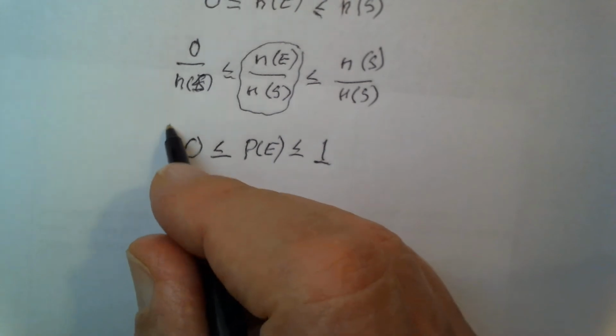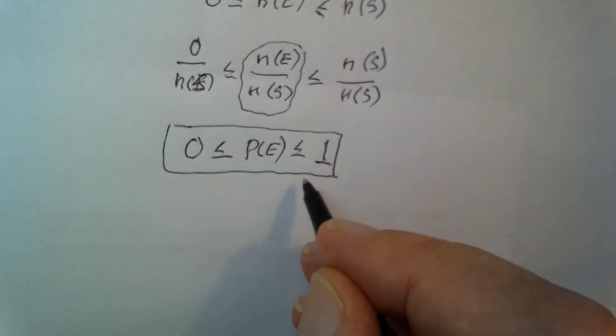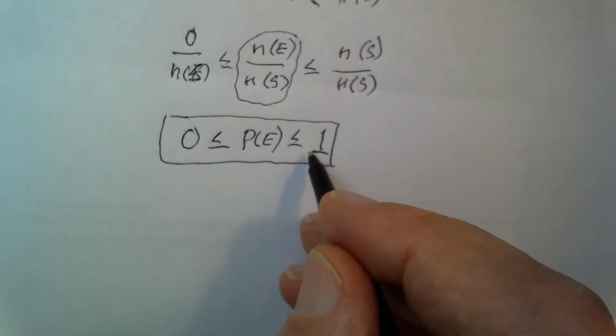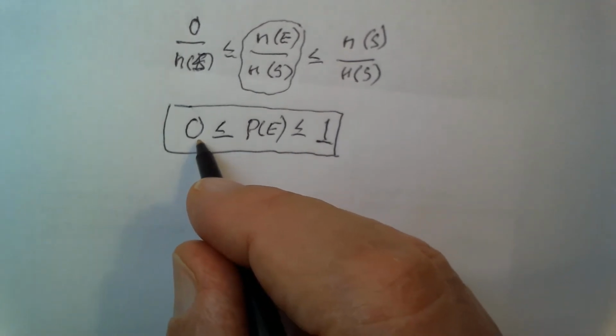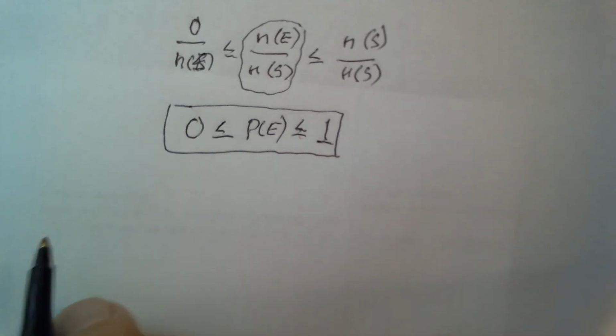So this then tells us the probability of an event E is between 0 and 1, including 0 and 1, because we have less than or equal expressions here.